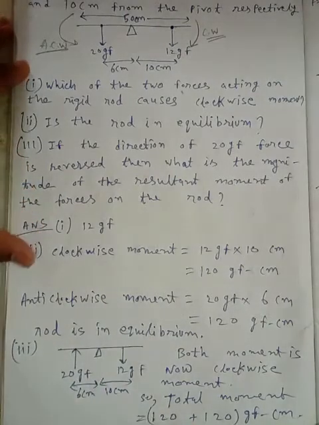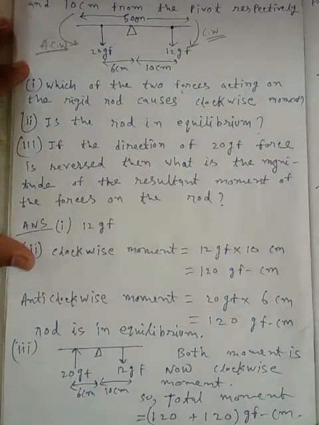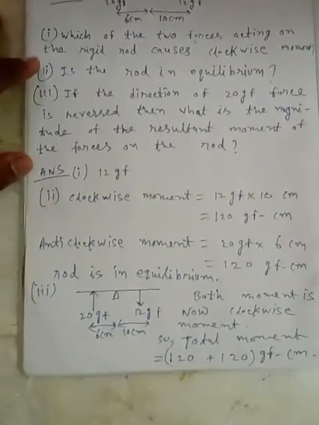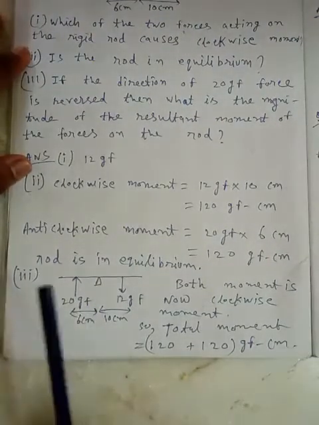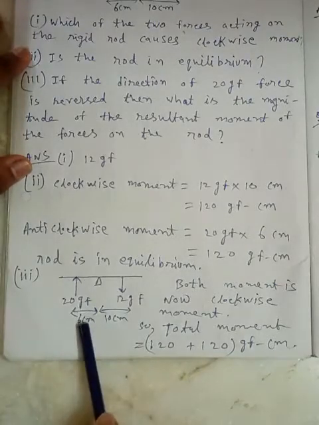Okay. Now move to question number 3. If the direction of 20 GF force is reversed, then what is the magnitude of the resultant moment of the forces on the rod? Now see here. In the first picture 20 GF is acted downward.